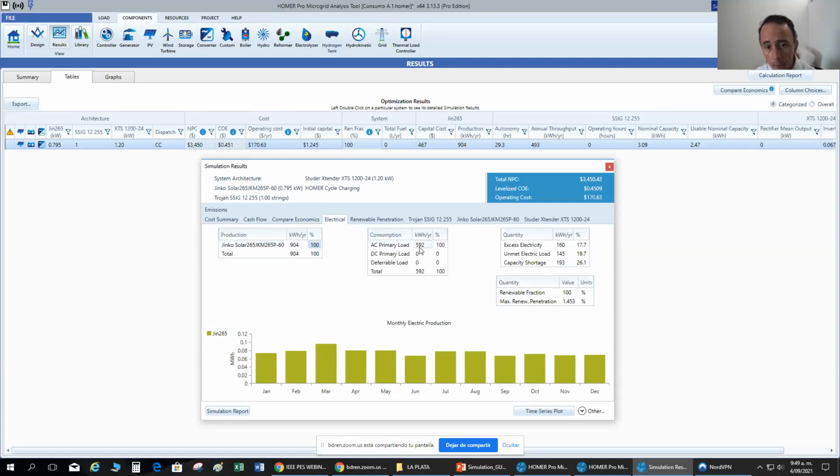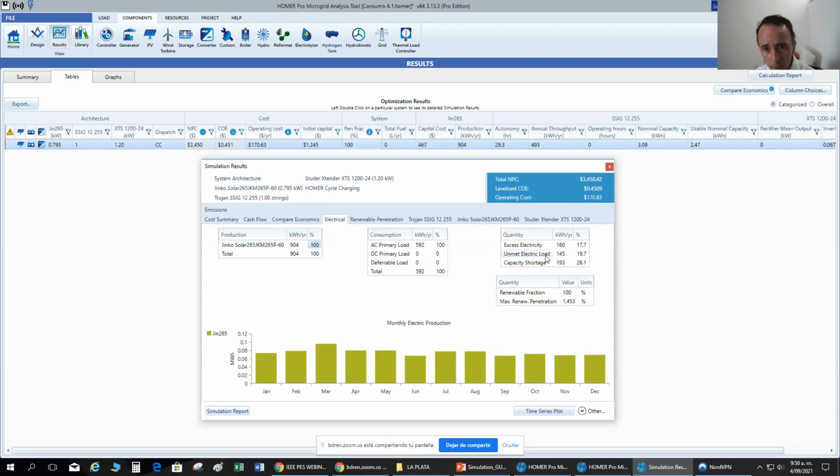This is the kilowatt hours per year in consumption. We don't have DC load. We haven't created any protection or any deferrable load that is in some power systems decided. And it says, be careful with this. I like this one.